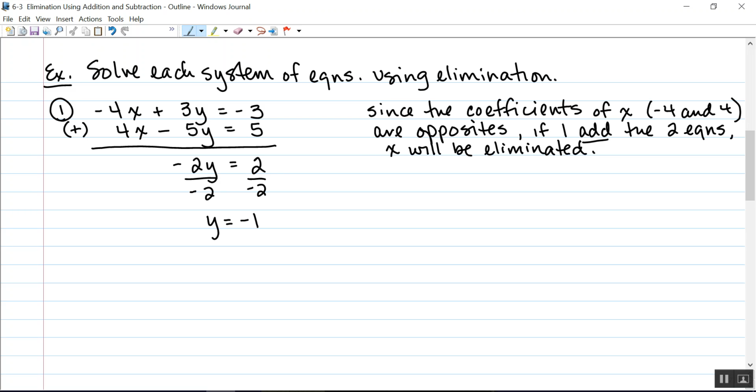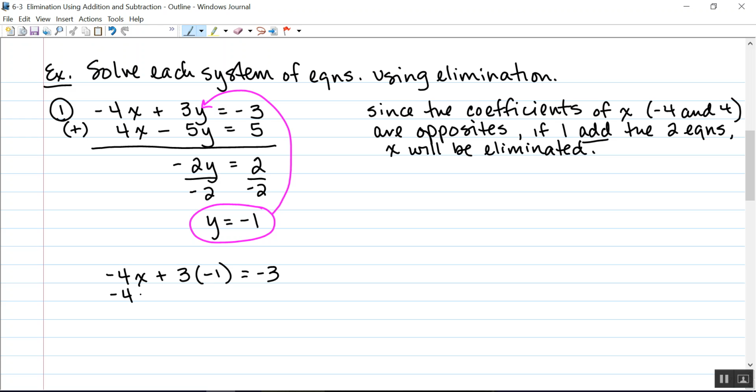Now I need to find my x. So I'm going to substitute that back into either of the equations. I think maybe I'll just go with the first one. So I'm going to take this and plug it back into the original first equation. And now I can solve for x. So that's going to give me negative 4x plus 3 times negative 1, because that's what y is, equals negative 3.